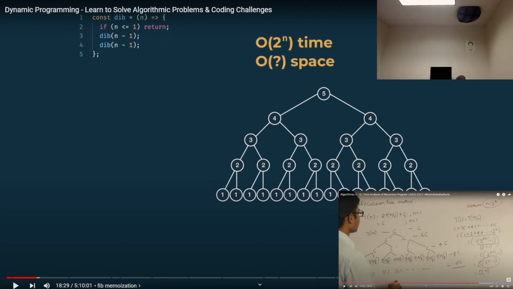N. Number of elements that is possible. 2 for each, the number of elements.